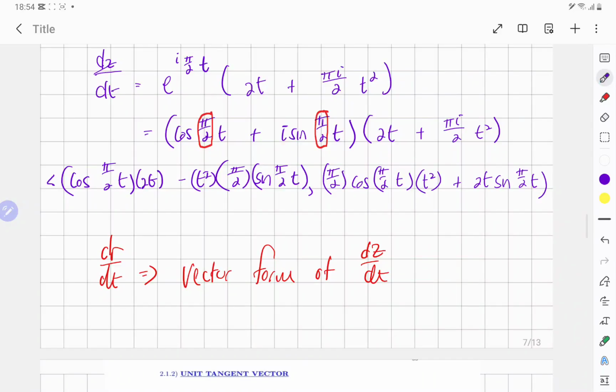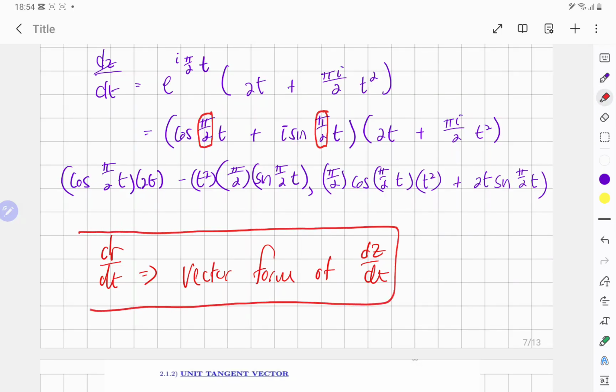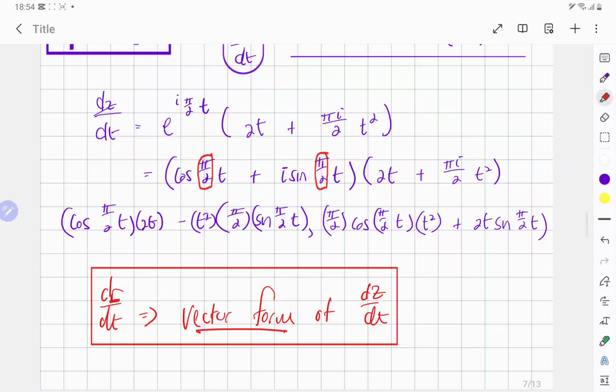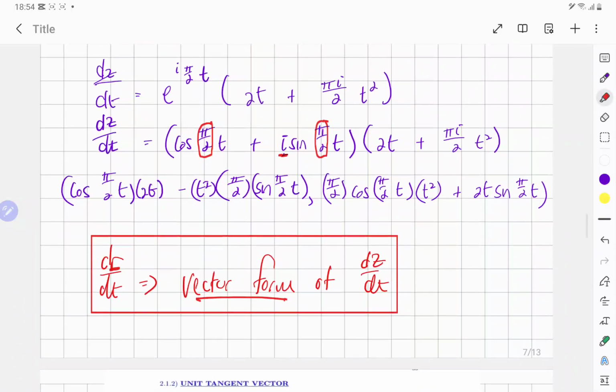Now, what's the next step? What did I say earlier? For my vector form, please remember the sentence: dr/dt is the vector form of dz/dt. Now, as you can see, here I have dz/dt, but I have i's in here, so I need to find my real part.